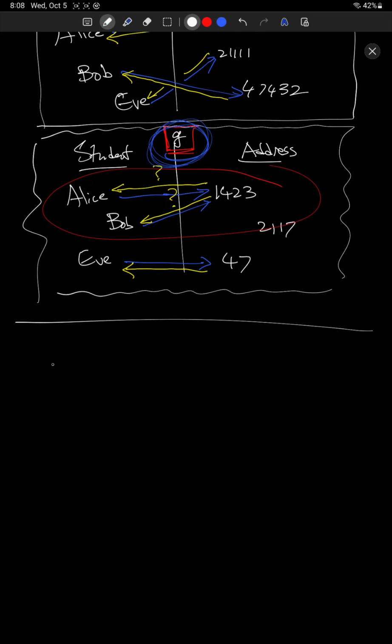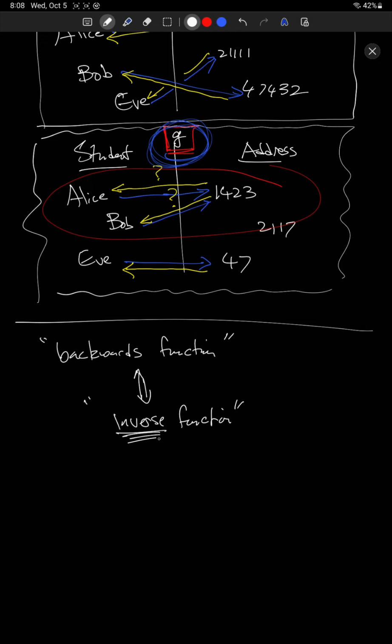The backwards function. That's just a colloquial term. What we should actually be calling it is inverse function. So inverse function is the one that goes backwards. So I can talk about f of x and its inverse.